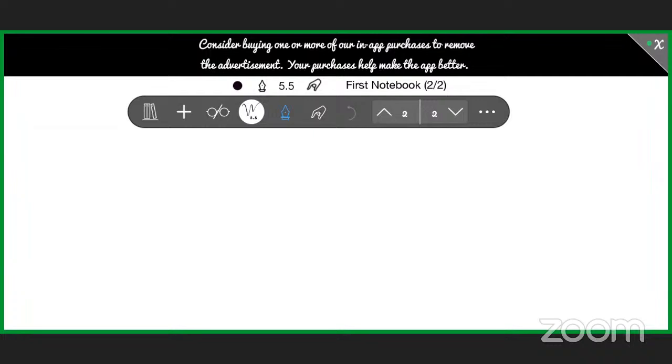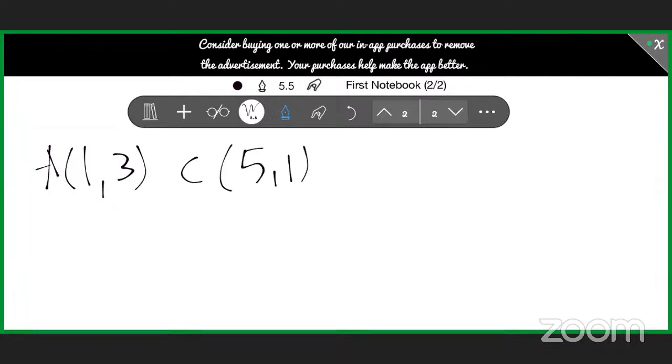Again, we are doing the areas of triangle, quadrilateral, everything. A(1, 3) and C(5, 1) are opposite vertices of a rectangle ABCD.